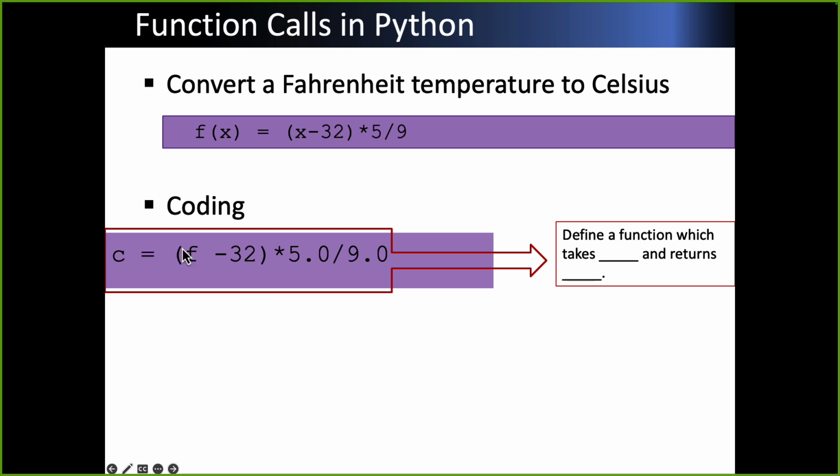So this computation starts by receiving f. So f is applied to this right hand side evaluation, and the outcome of this computation will be assigned to new variable c. So c will be returned.